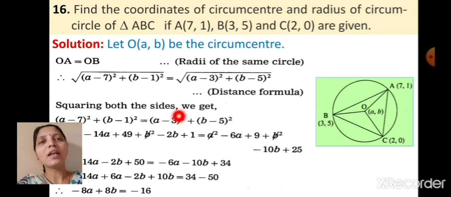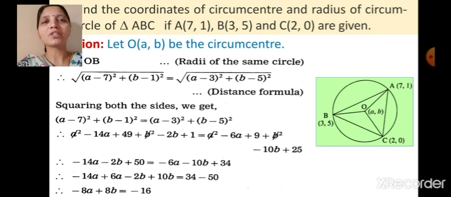Yes. Now squaring on both sides, what we will get? We have to remove this square root sign and all the terms we have to write as it is. So (a minus 7) bracket square plus (b minus 1) bracket square, that is equal to (a minus 3) bracket square plus (b minus 5) bracket square. Now let's open up the brackets.